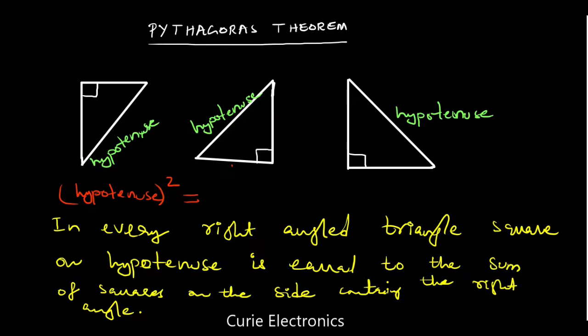I'll put them as A and B. These are the two sides which make the right angle. The hypotenuse square is equal to the sum of the squares of those two sides. That's all the Pythagorean theorem.